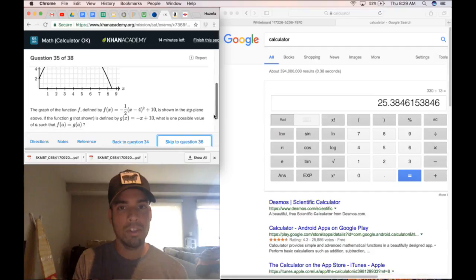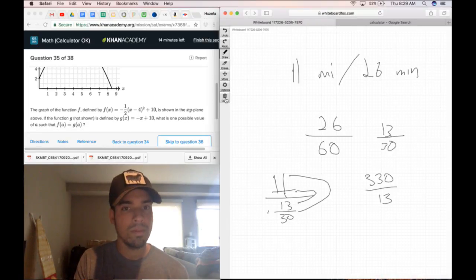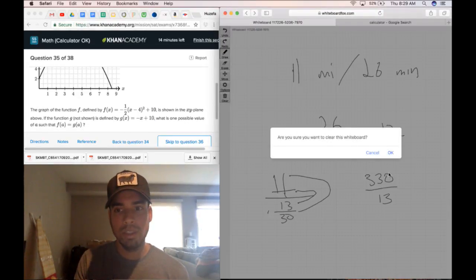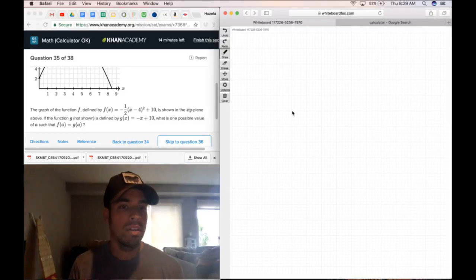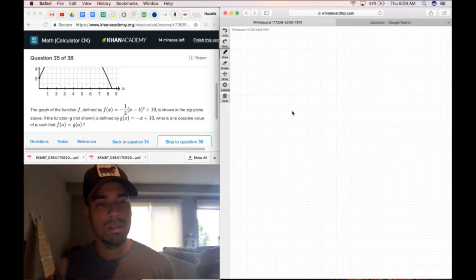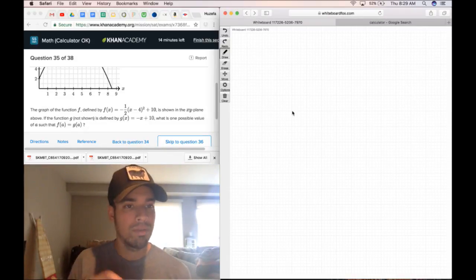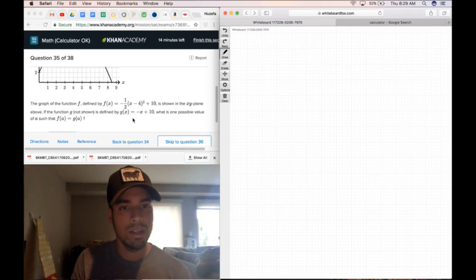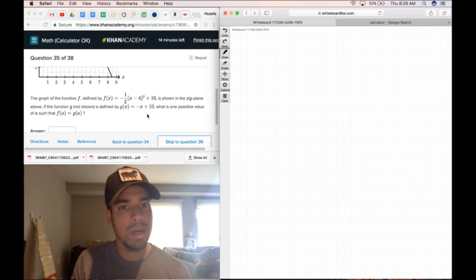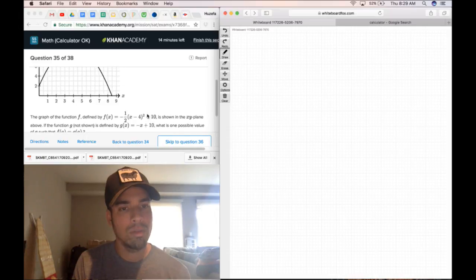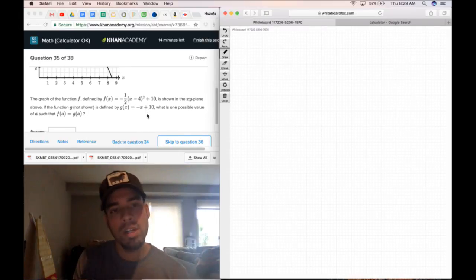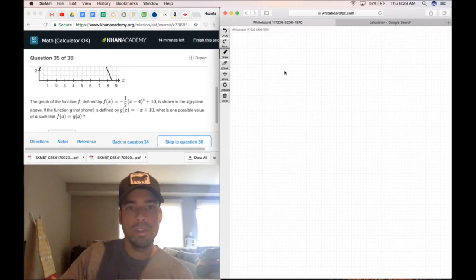Next, we've got this function. It says the graph of function f is defined as negative 1/2 times that whole thing. It's a quadratic shown in the xy plane. The function g, not shown, is a linear function. What's one possible value of a such that the two equal each other? So all we got to do is set these equal to each other.